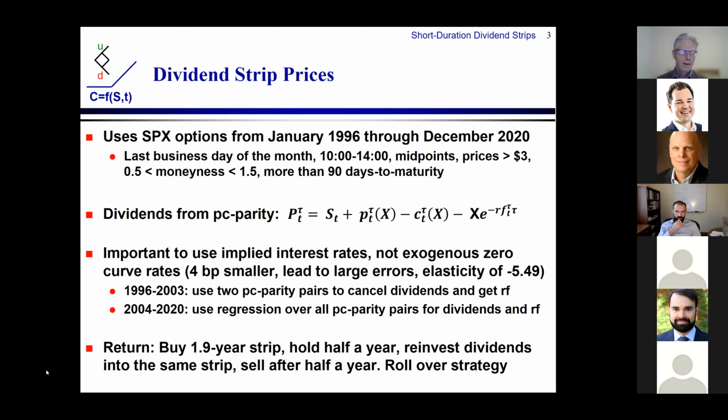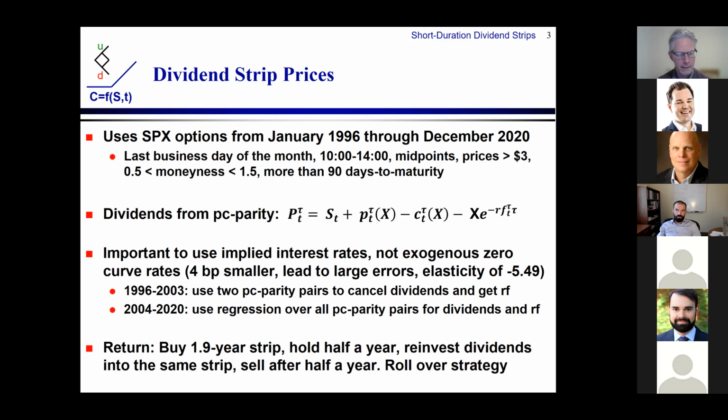Now, in the latter part of the sample, 2004 to 2020, observations get so numerous that doing the outer product approach minute by minute within the day simply becomes too time consuming and too tedious.